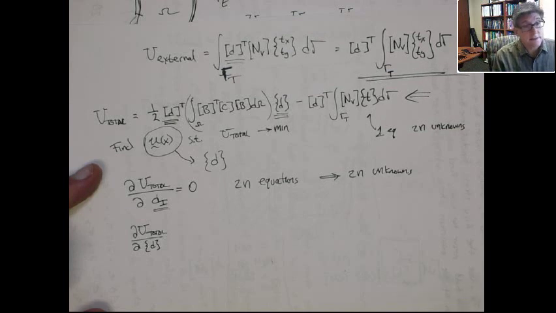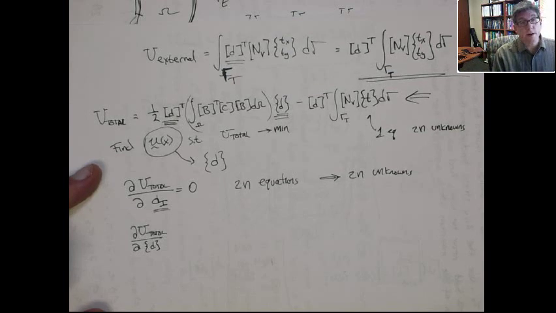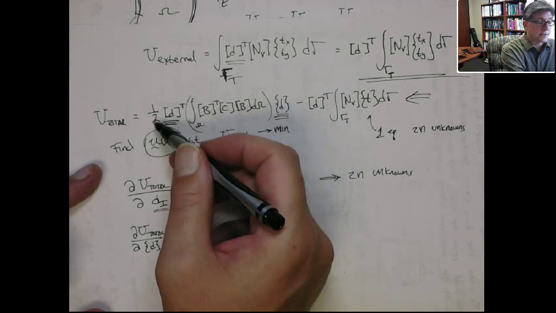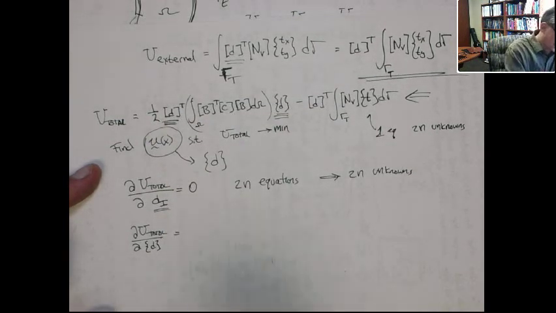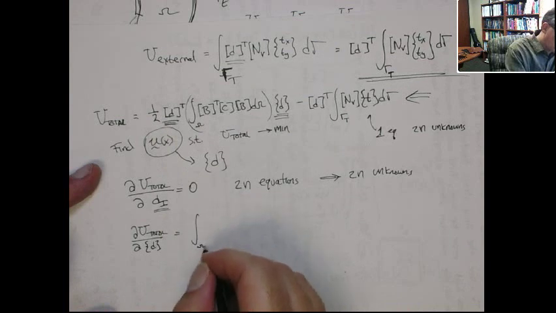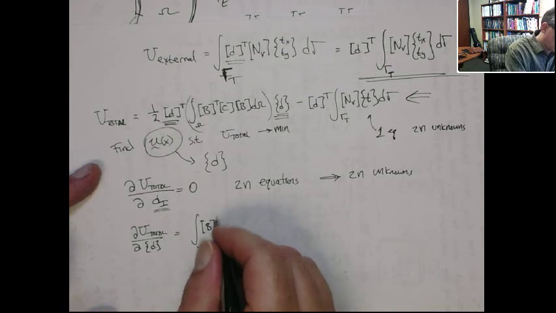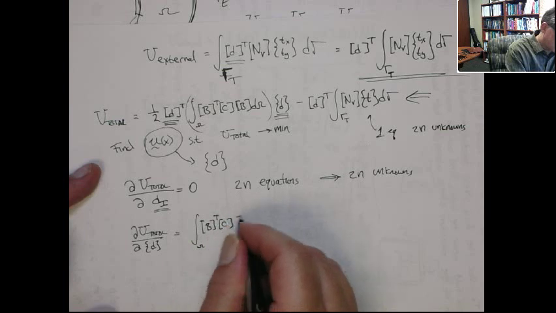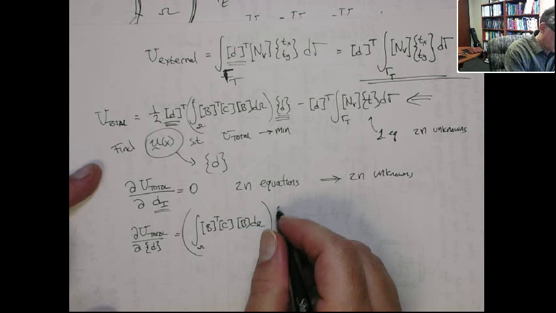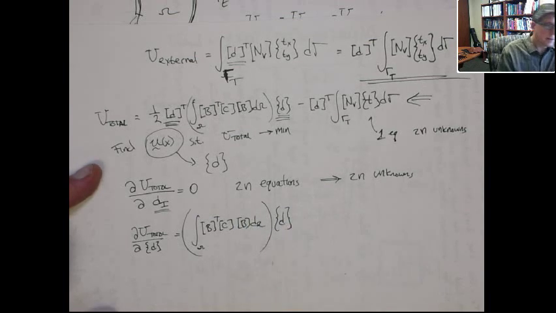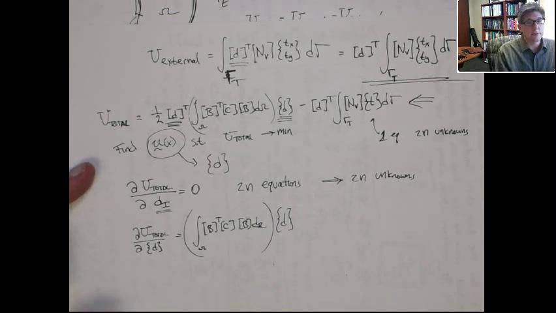So that acts like a D squared. So you get a 2, cancels out the 1/2, and then you're just left with the integral over omega of B transpose times C times B d omega, this quantity, multiplied by D, right? That's what's left after you take the derivative of the squared.